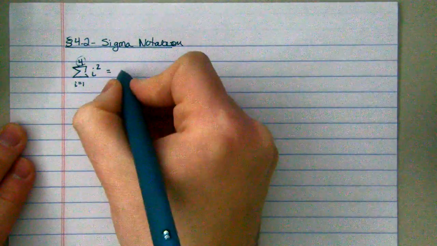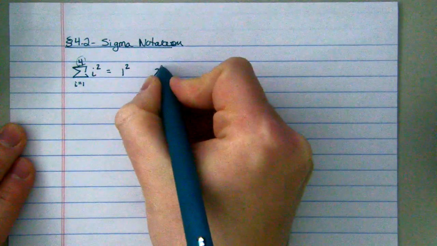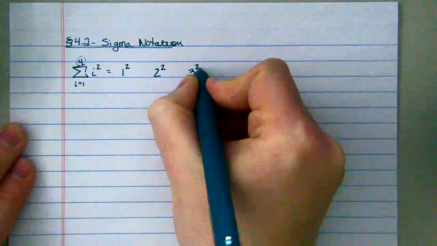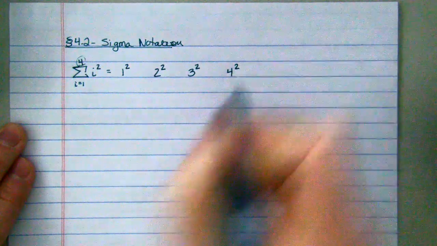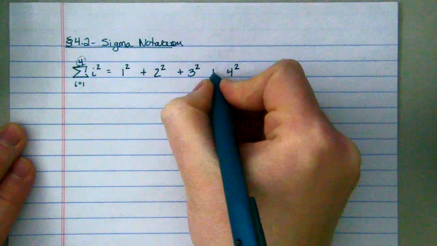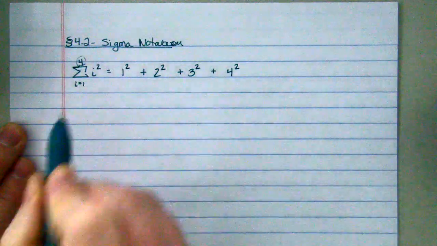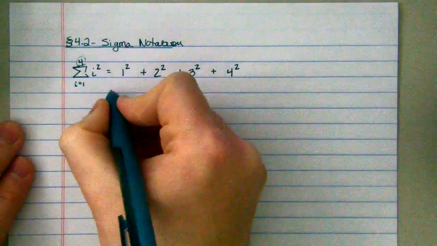I'm going to plug in 1, and I'm going to get 1 squared. I'm going to plug in 2, and I'm going to get 2 squared. I'm going to plug in 3, I'm going to get 3 squared. And I'm going to plug in 4, my upper limit, and get 4 squared. I need to add these 4 numbers together. So this sigma formula really gives us 1 squared plus 2 squared plus 3 squared plus 4 squared.